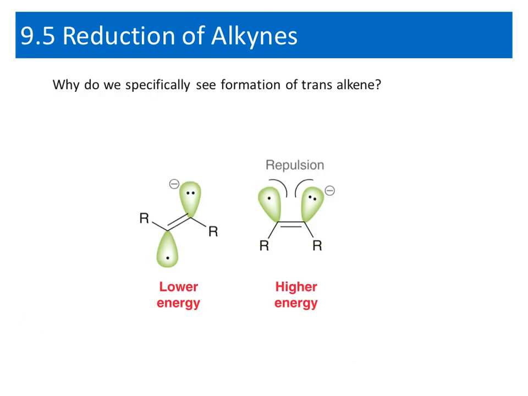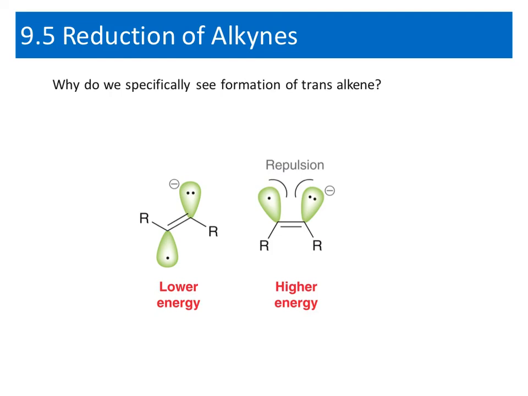Now, why do we specifically see formation of trans alkenes but not cis alkenes? The intermediate for this reaction was the radical anion. Now, if the radical anion wants to be in the cis form, which is this molecule, the single electron and a lone pair of electrons would experience a large repulsion.